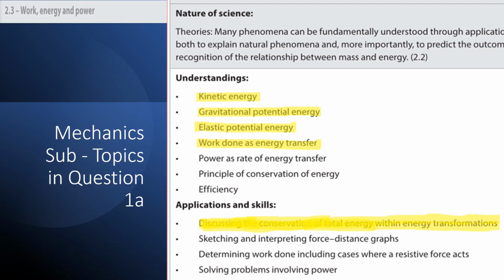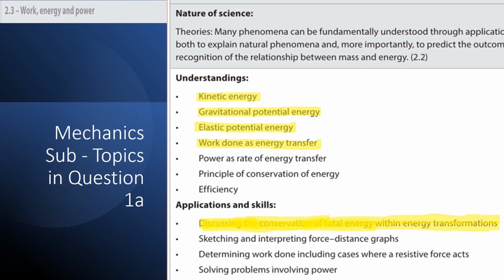Okay, so before we answer the question, let's revert back to our syllabus and specifically the objectives that are tackled in this question. The first objective in general is understanding concepts, and specifically in this question, the kinetic energy, gravitational potential energy, elastic potential energy, and work done are all relevant.